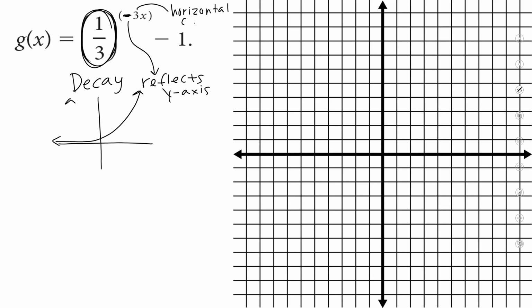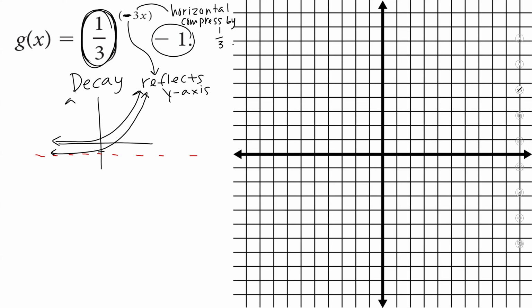By what? By 1/3. Okay, and then finally, this is important. It went down 1. So now I'm down here at -1, and that's what my graph looks like. I have an asymptote at -1. Okay? All right, so that's what your graph should look like.